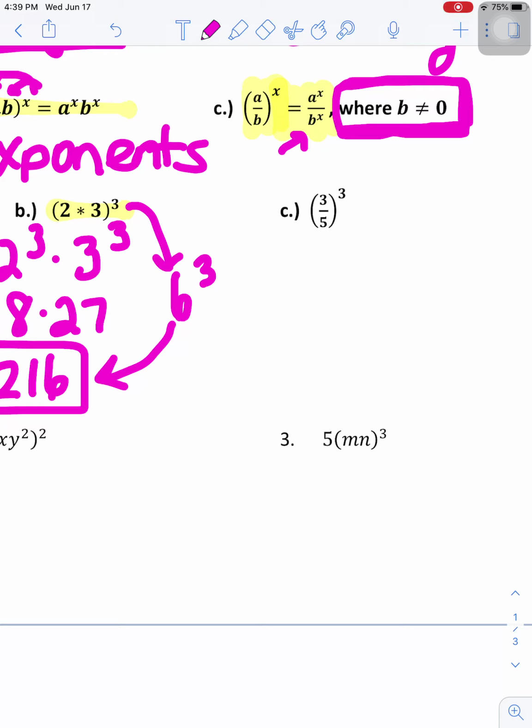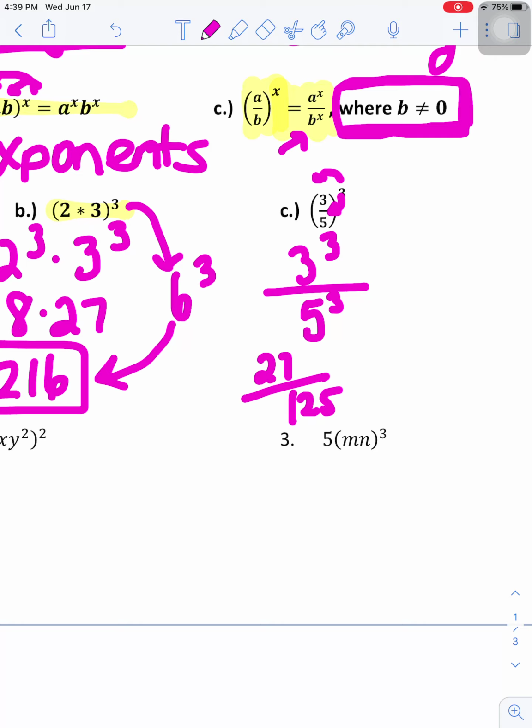Now, in this case, again, you're basically taking that exponent of 3 and distributing it to the exponents in the numerator and denominator. So this would give you 3 to the third over 5 to the third. Well, 3 to the third is 27, and 5 to the third is 125.